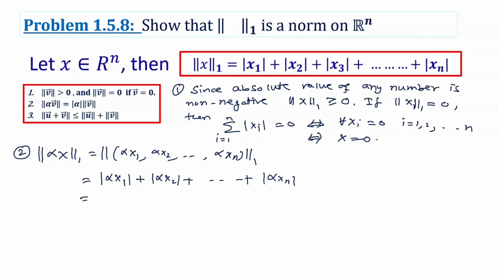Now the absolute value of alpha can be taken out, and then you get mod of x1 plus mod of x2 and continuing up to mod of xn, which is nothing but the norm 1 of x. So this validates the second property.